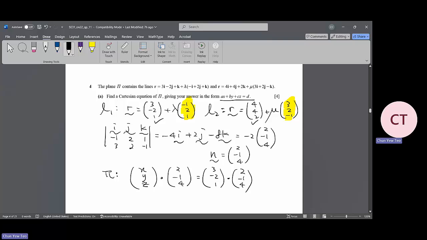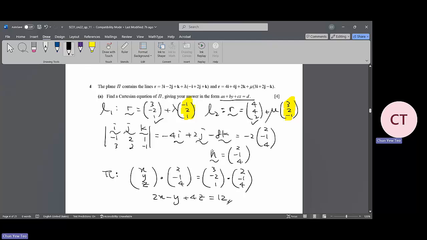So you will have 2x minus y plus 4z equal to 6 plus 2 plus 4. 6 plus 2 plus 4 is 12. So you get 2x minus y plus 4z equal to 12. So this will be the answer for number 4A.